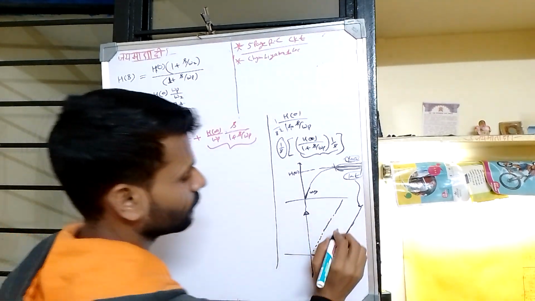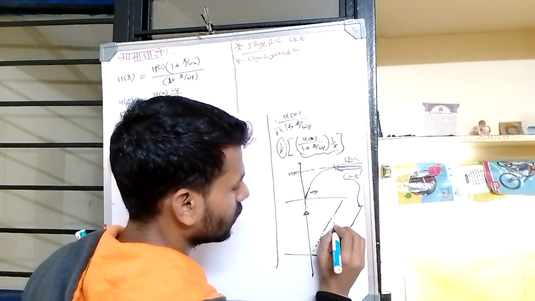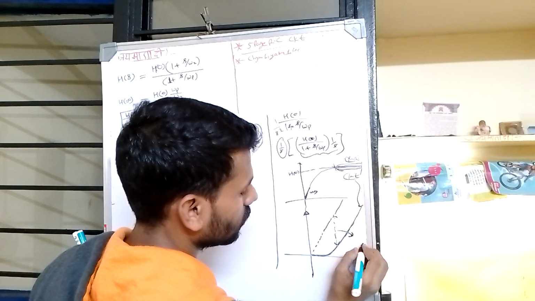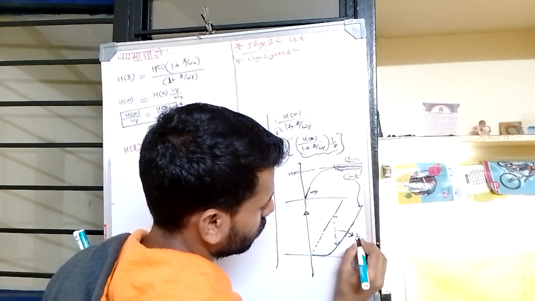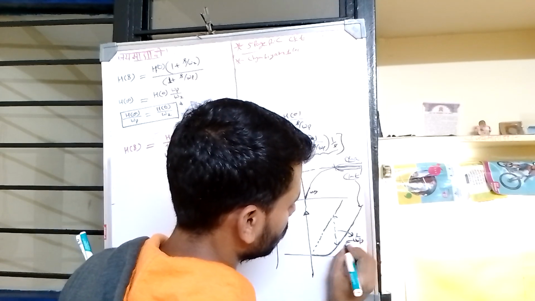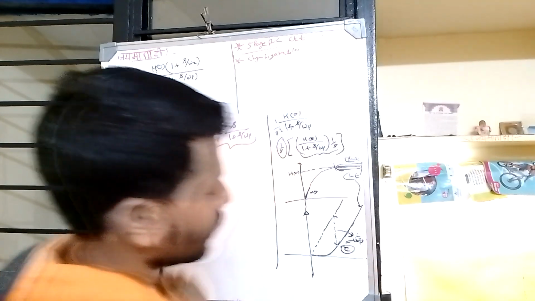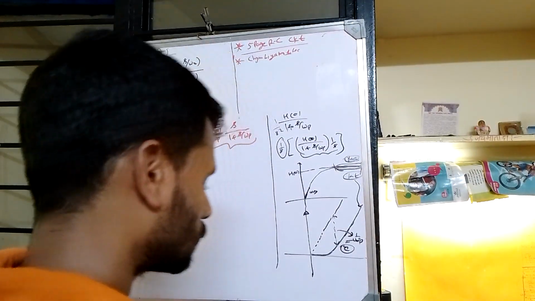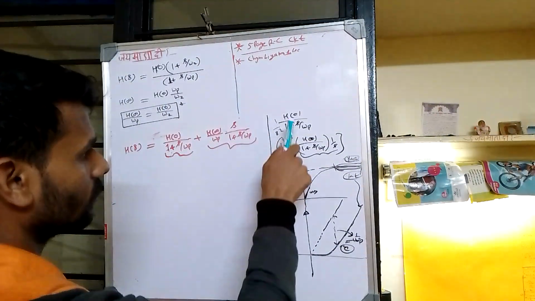Okay, and what will be the delay? 1 by omega p, that is tau. This will be the delay for this function.